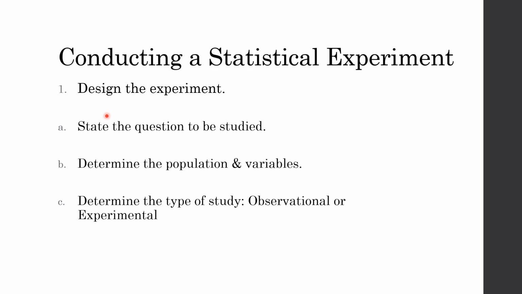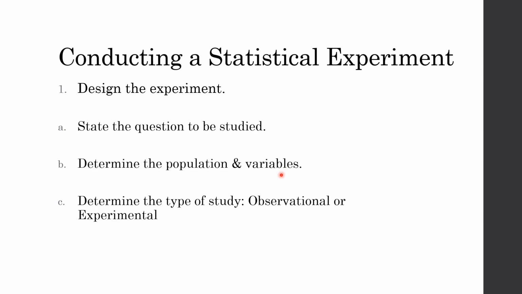So within experimental design, we've got that broken down further. You need to start by stating the question that you want to study, and here you are really boiling this down to its most simple, most succinct form. You're stating the question, figuring out what your population is, who are the people that you're interested in studying, and what are the variables that you want to collect.